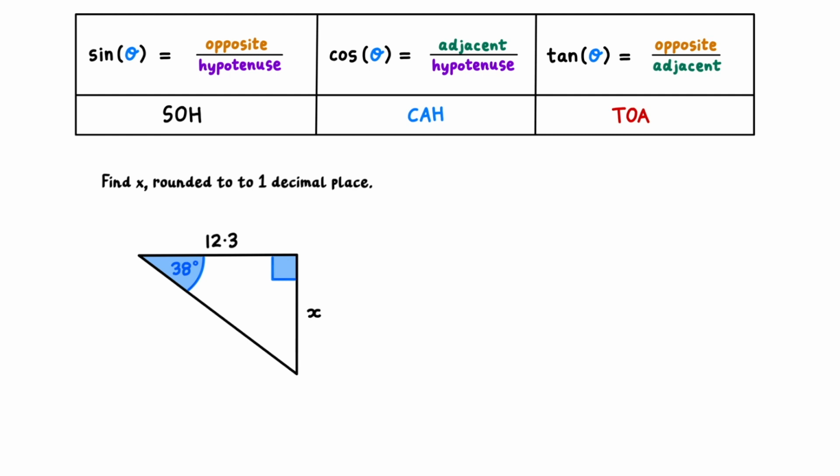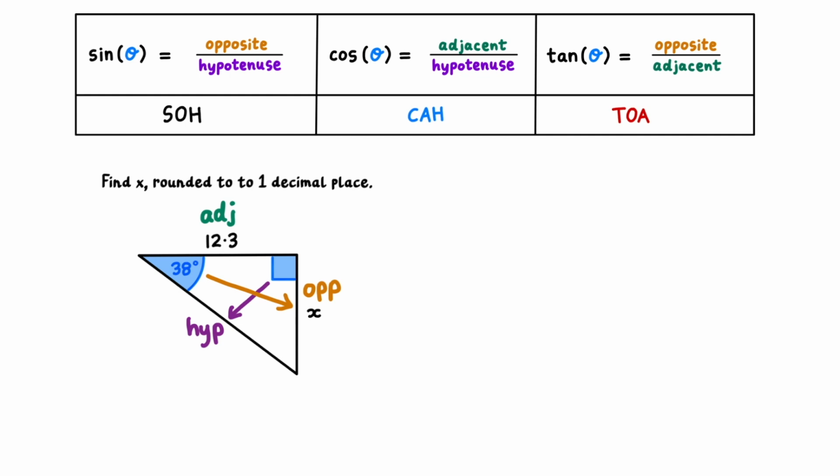In the SOHCAHTOA method, there are 3 options available to us: sine, cos, and tan. To figure out which one to use, we should begin by labelling the 3 sides of the triangle. The hypotenuse is the side across from the right angle. The opposite is the side across from the 38-degree angle, and the adjacent is the third side that remains.